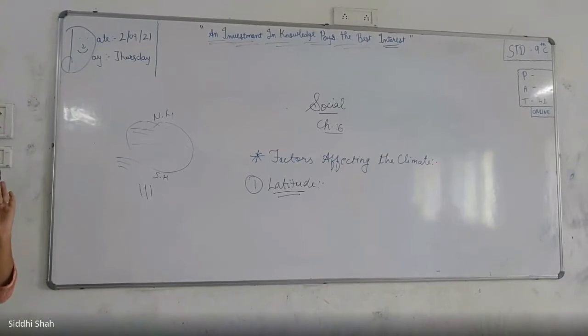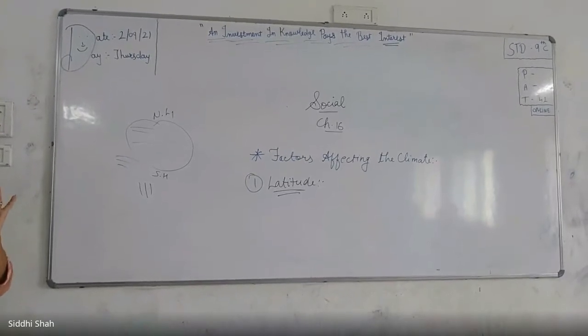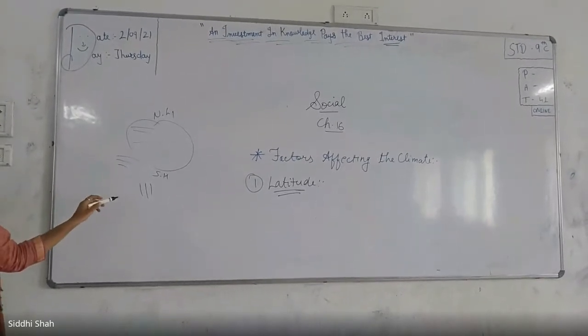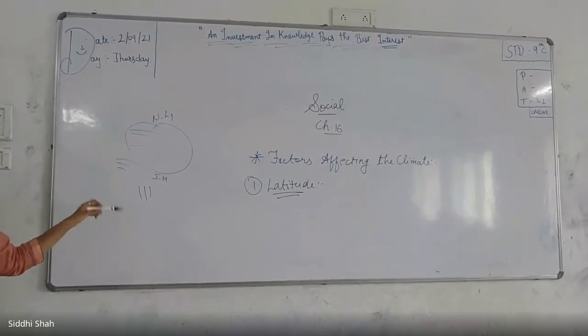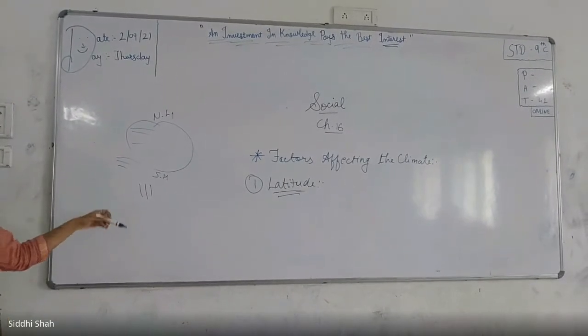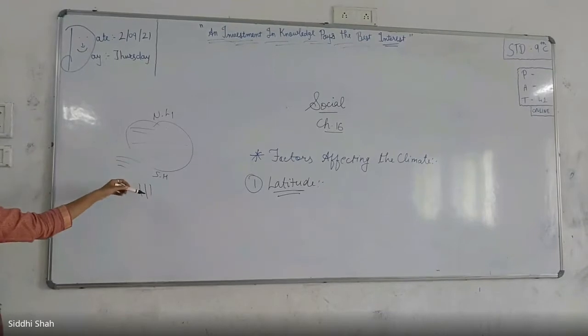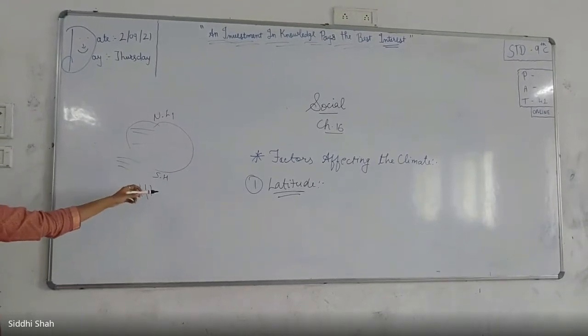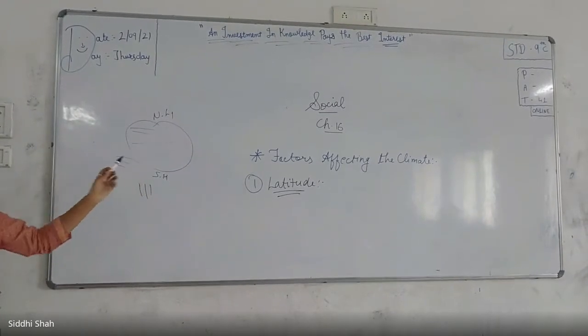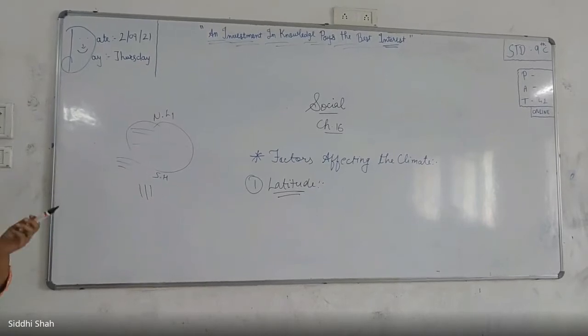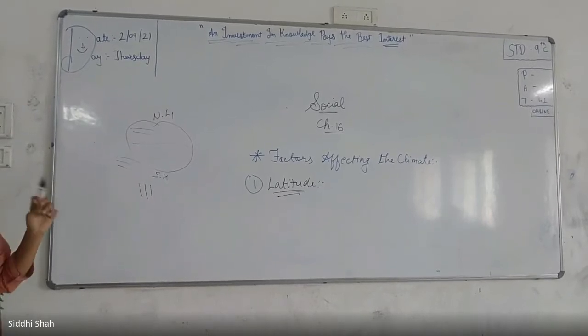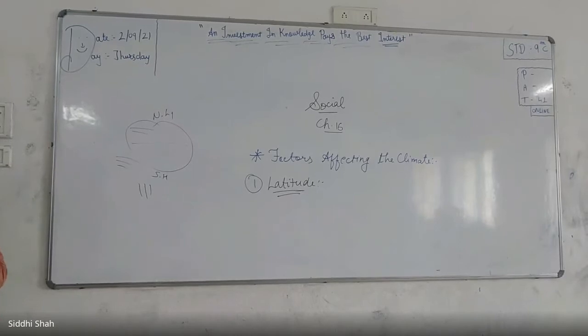Okay, slanting means winter. Clear? So clear latitude. India is divided into two halves by the Tropic of Cancer. Due to that the changes in season happen. Climate changes will happen.